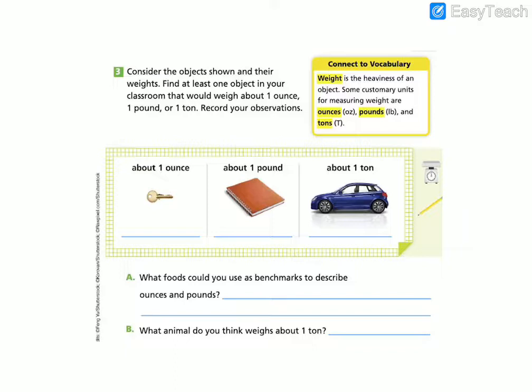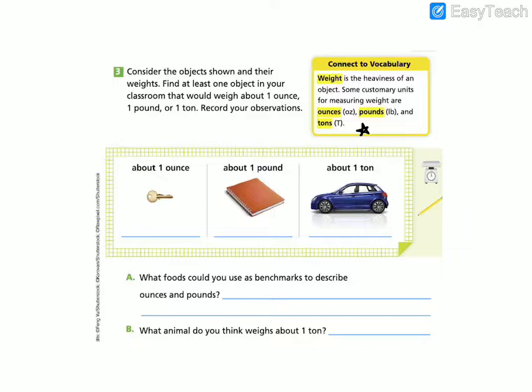Number 3 asks us to consider the objects shown and their weights. We want to find at least one object in your classroom or around you that would weigh about 1 ounce, 1 pound, or 1 ton. Okay, so we're looking for weight, which is the heaviness of an object. These are some of the customary measurements for weight.